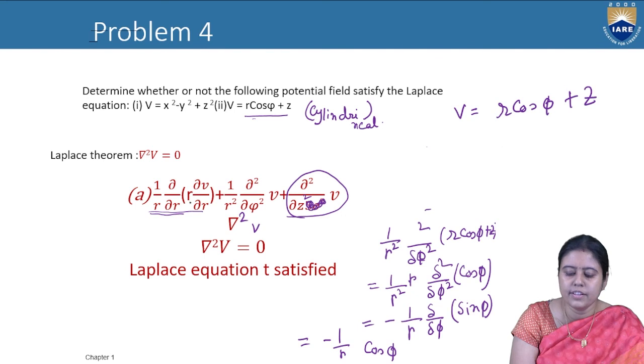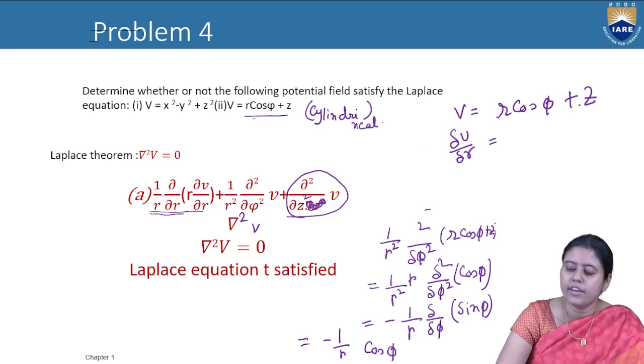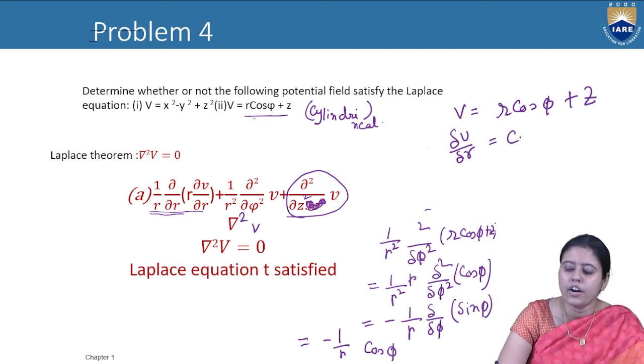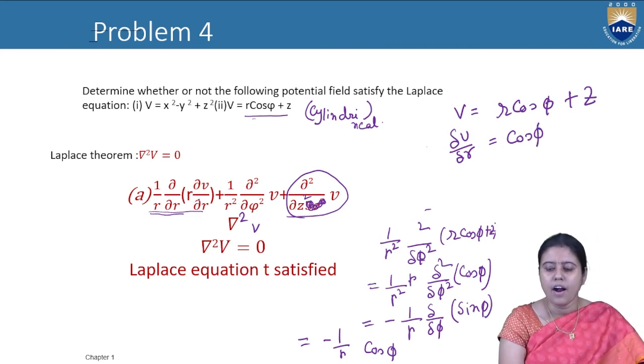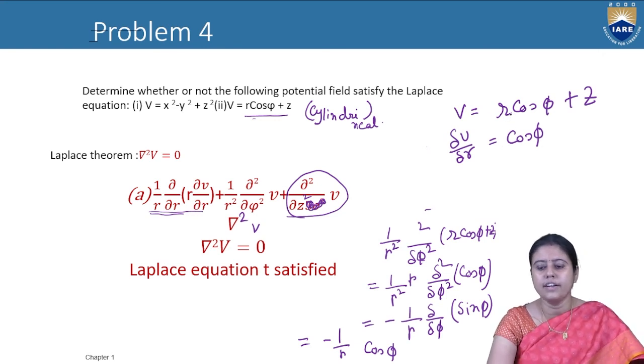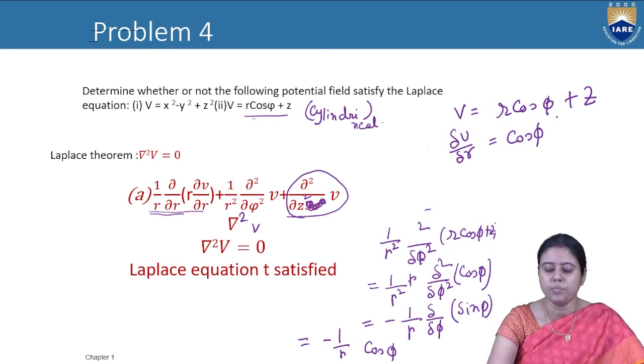Next we are doing this r del v by del r. Okay, we calculate the del v by del r first. So here z is constant, it is 0. R cos phi means only we are getting the cos phi. So cos phi is constant, del v by del r is equal to cos phi.